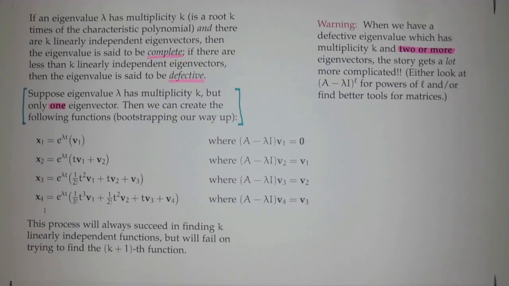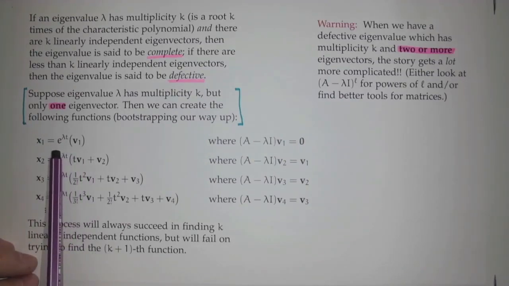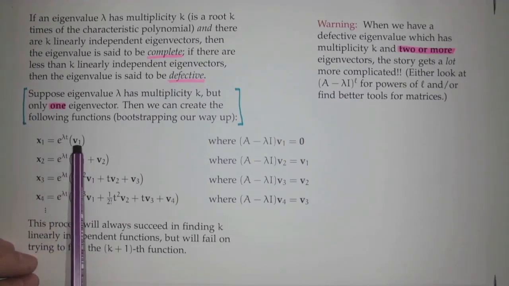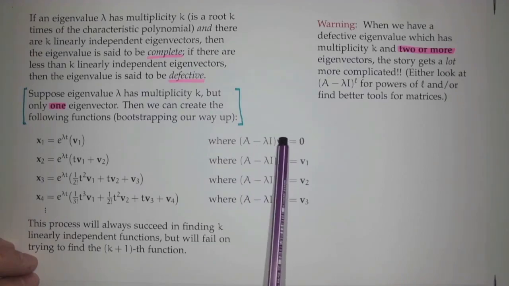And in that case, what we can do is we can create a series of functions where we work our way up. So the first function is the one we already know about. It's e to the eigenvalue t times the eigenvector. And we know this is an eigenvector because A minus lambda I times v1 equals 0. That's what it means to be an eigenvector.